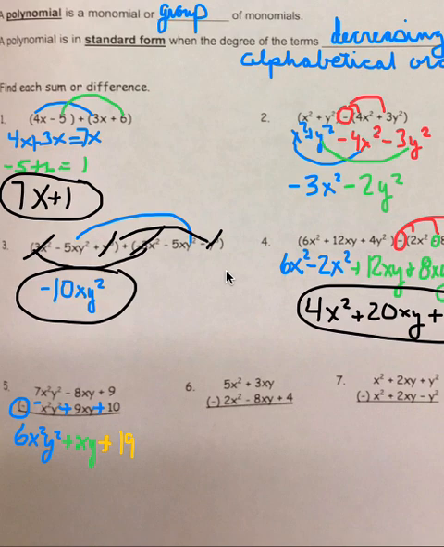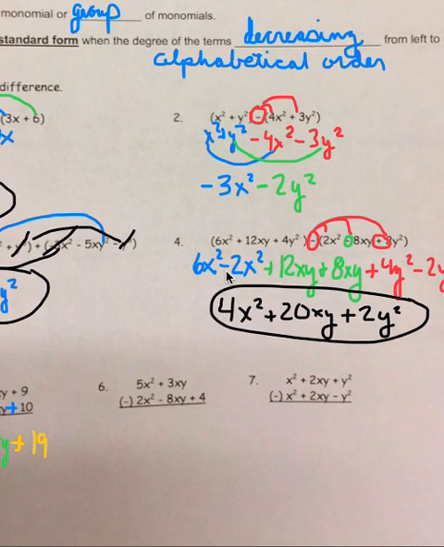So we get 6x squared plus xy plus 19. If you look at number 6, you can see the top is just a binomial and the bottom is a trinomial. It's subtracting, so these will change. It becomes negative, positive, negative. So always think, when I'm subtracting, I need to change every sign. So then 5x squared minus 2x squared is negative 3x squared, 3xy plus 8xy is 11xy, and then we just have minus 4 all by itself.